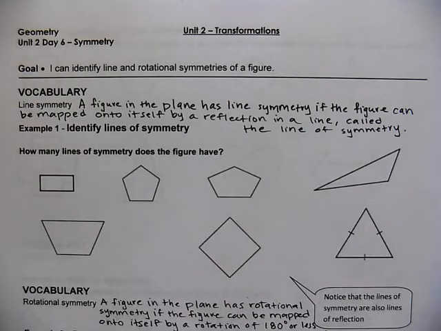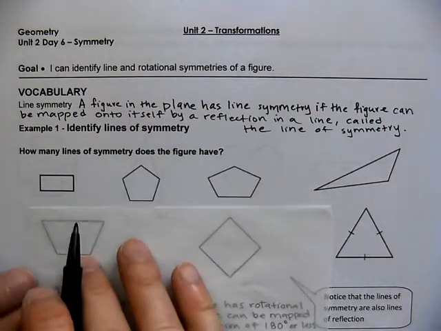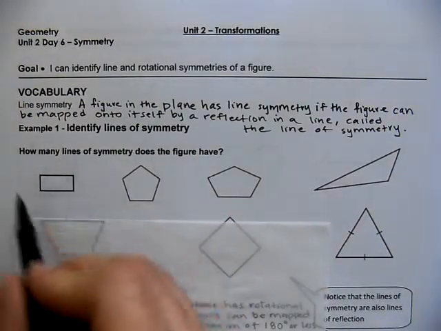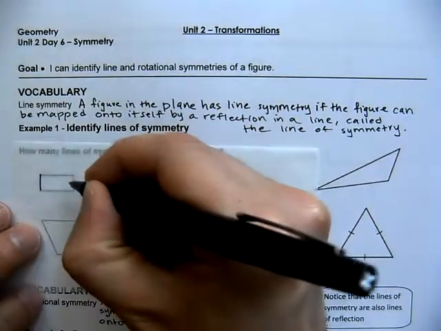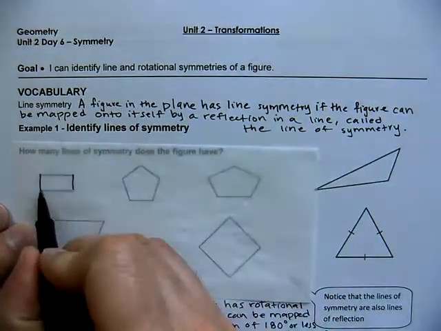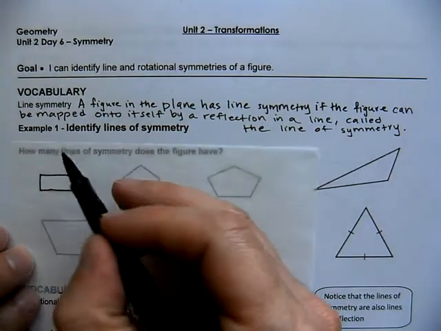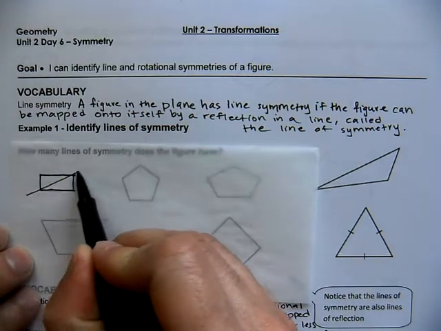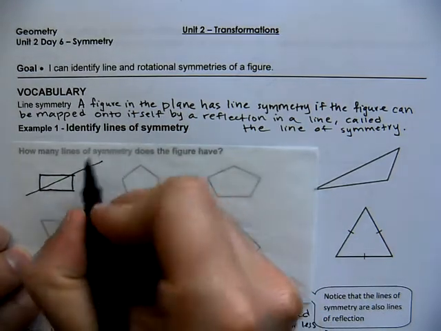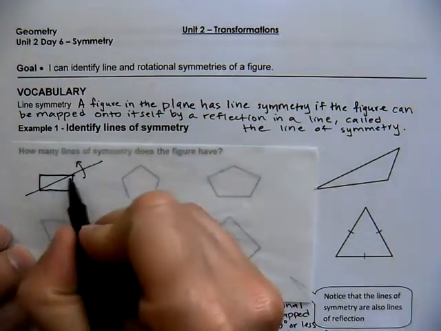Here, tracing paper will help to demonstrate with some of the questions we want to take a look at here. If we're looking at a figure like this rectangle, I'm going to start off with a bad example, meaning this is not a line of symmetry. But let's say we have this and we are wondering, can we place a line of symmetry here about its diagonal and reflect over that line of symmetry?